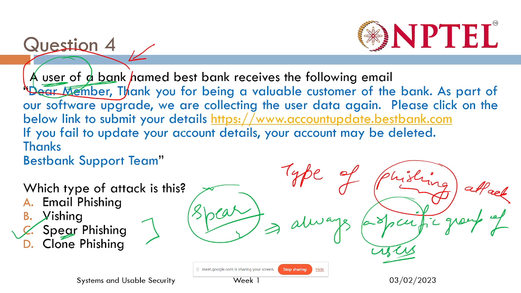How does this attack work? They have sent the mail to the user saying that if he does not click on this link, his account will be deleted from the bank.